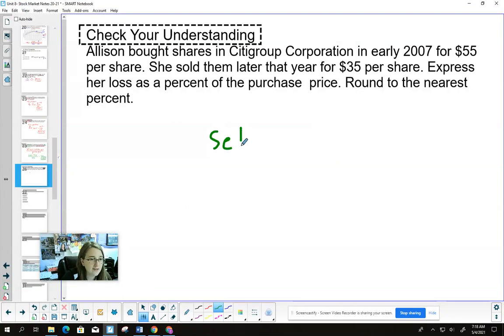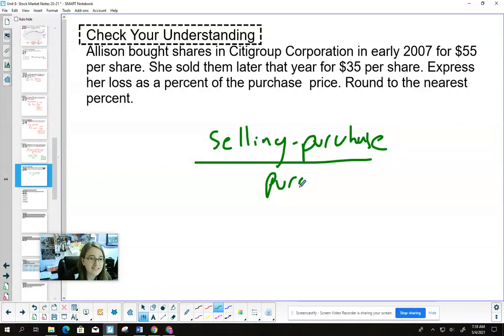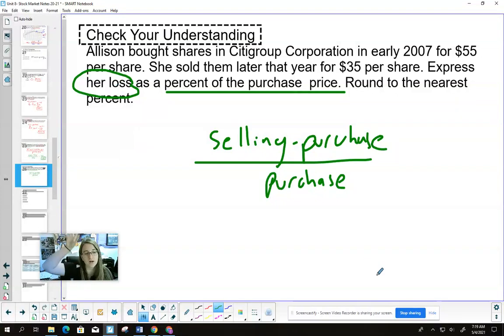Okay, so we have selling minus purchase over purchase. There's a little hint here that tells us something about our answer. It says express her loss as a percent of the purchase price. So our answer is going to be a negative percent. She lost this much percent. If your answer is not negative, you've probably flip-flopped things that you shouldn't have.